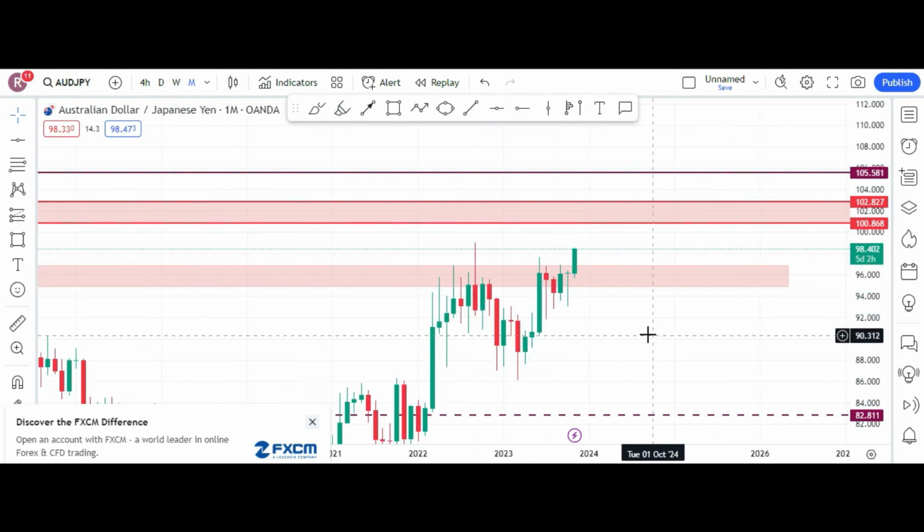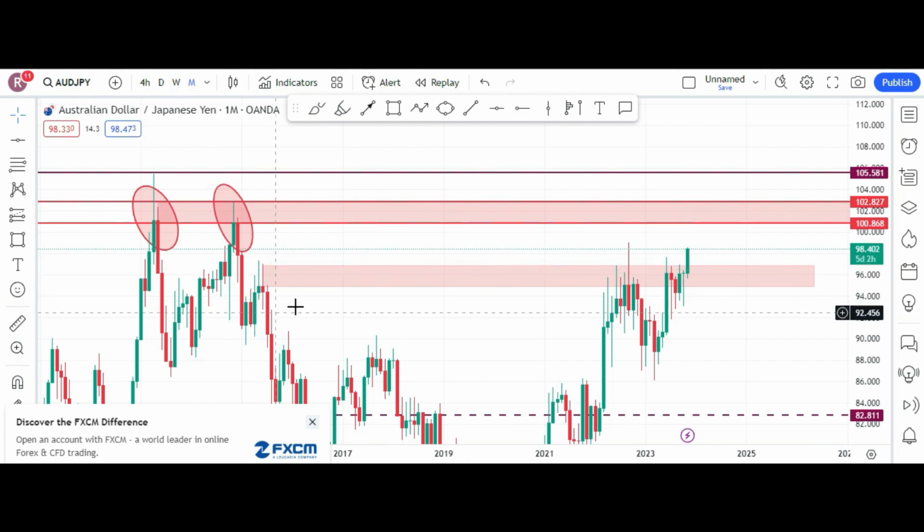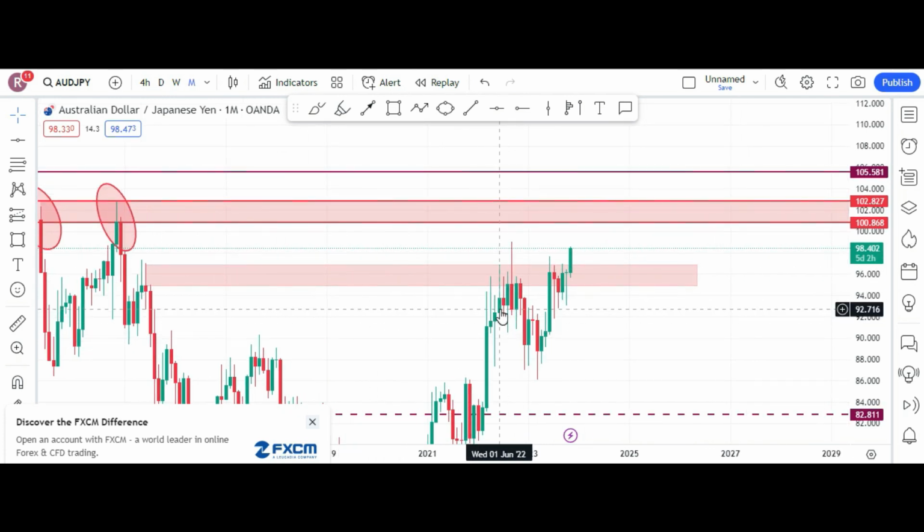So first we got green, red, excellent. We got green, red, green, red. So each time it is creating top. Again green, again red, failed, came back here. Again it tried, again red. This is another.